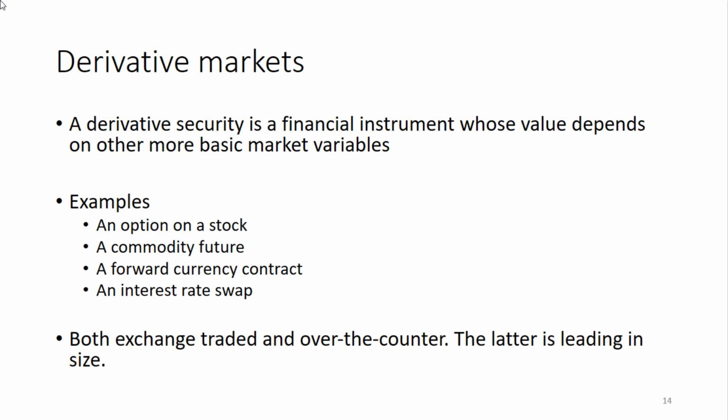And what we will see is that the price of the futures contract, so the price for the future, is dependent on the price of the commodity as it is today. So then again, the price of the futures contract is a derivative price because the price is determined by the price of the underlying commodity.